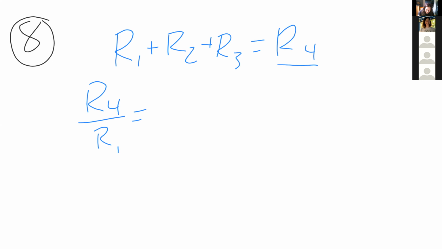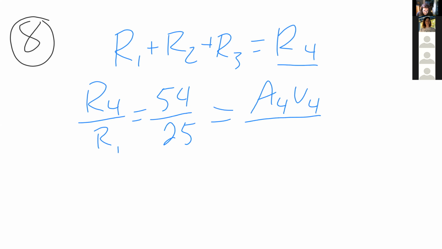I had made up some numbers, but mine would be 54 over, they say they want the 25 liter pipe. Okay, so I know the value of that ratio. I also know that each of these rates is an area times a velocity. So I'd have the area of 4 times the velocity through 4 over the area through 1 times the velocity through 1.